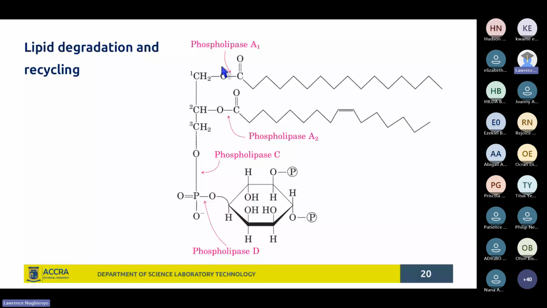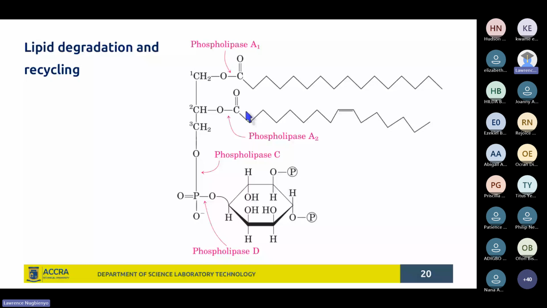Phospholipids undergo constant recycling, breaking down and being synthesized.